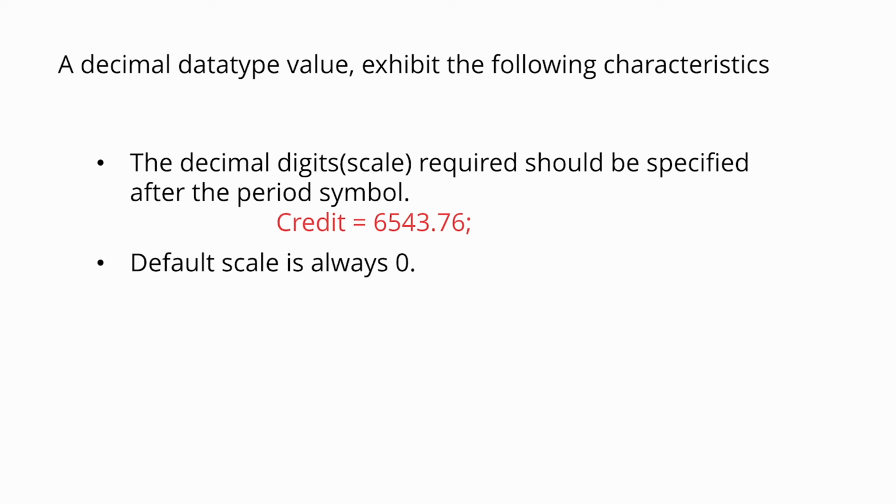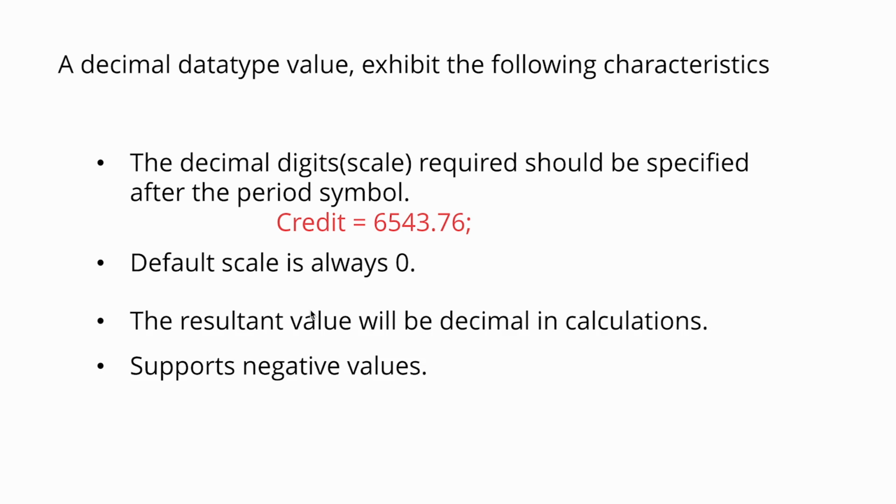If there's no value after the decimal, then there's no values being added, and the resultant value will be in decimal calculations, and we also support the negative values, the same as what we did in the number data type. The only difference we have here is it is also used for holding the decimal or fractional values.